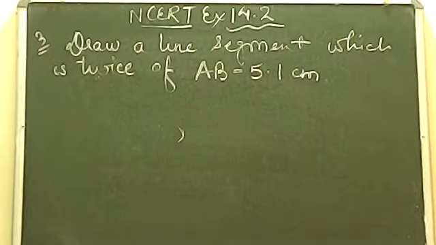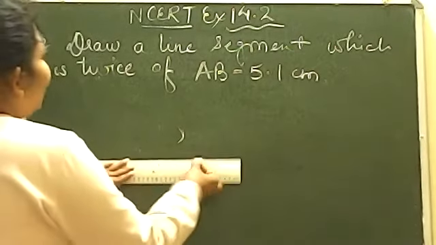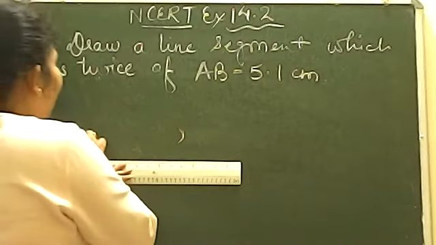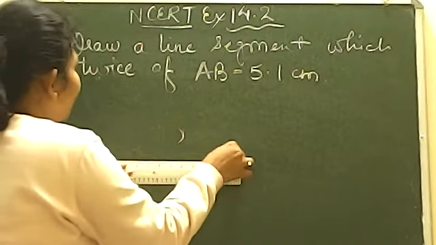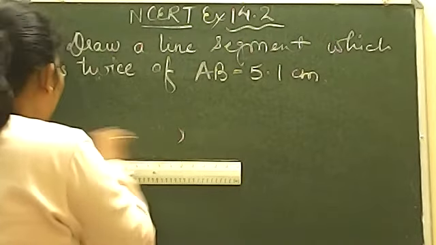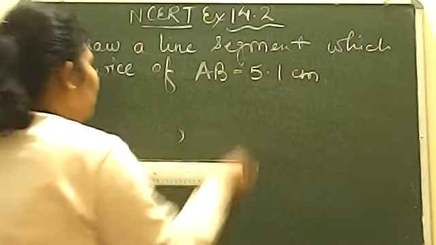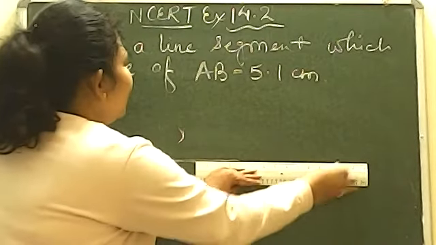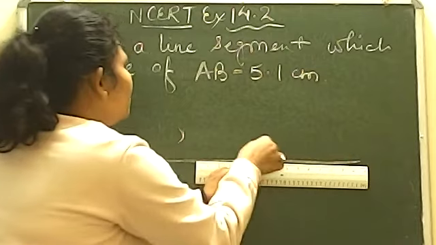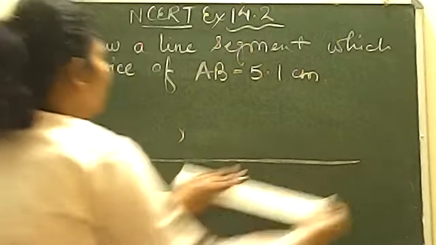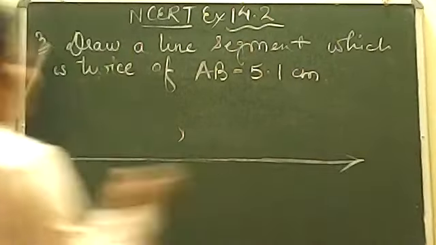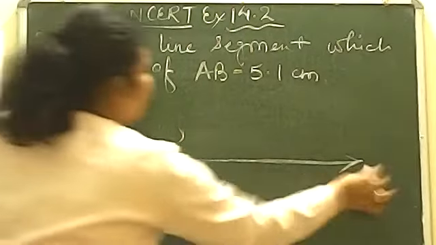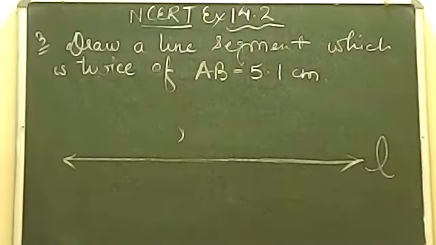we will be doing the same thing which we have done in the previous question. We will be first drawing a line of any length, but it should be longer in length. Okay. So this is, I am taking it a little longer. See. So here I have taken, and the name I am giving as L. This is the first step which we have done.